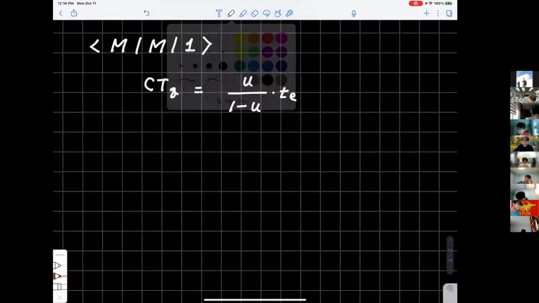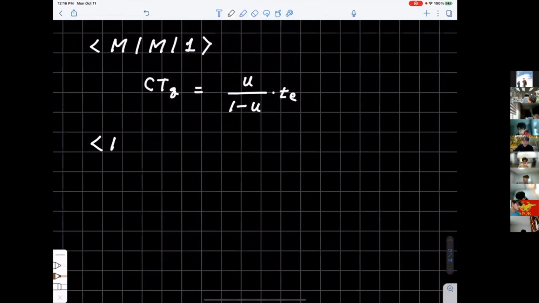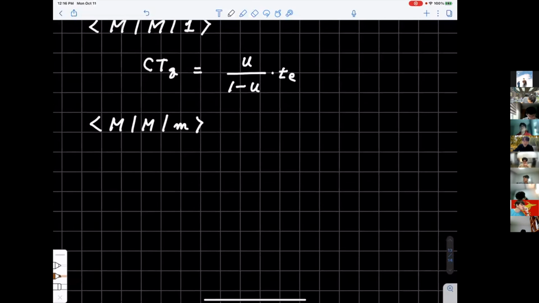But if the number of machines is not single, if the number of machines is M, in this case Ctq can be calculated by this.